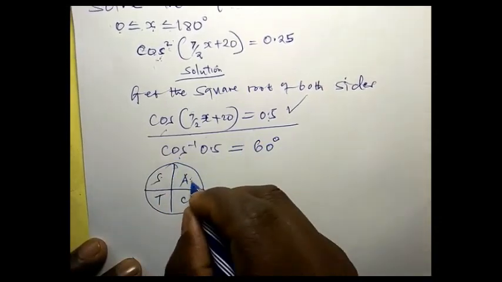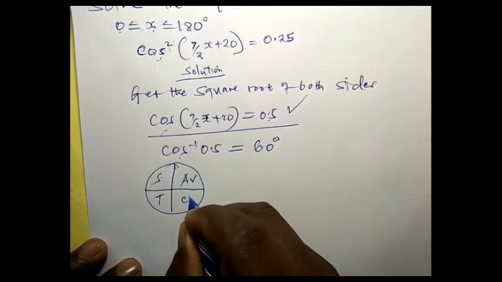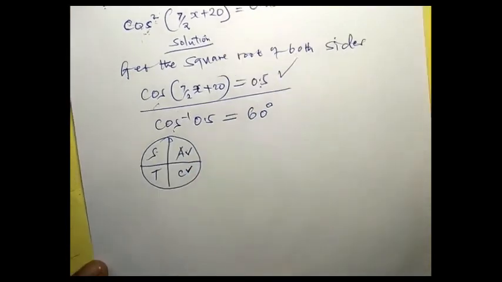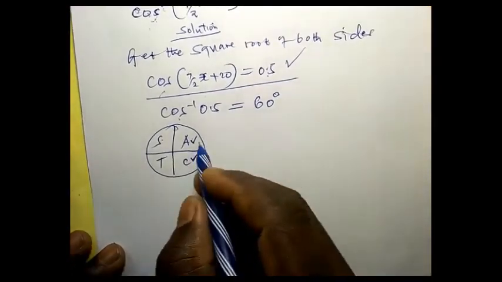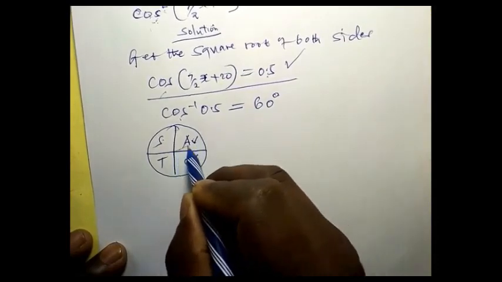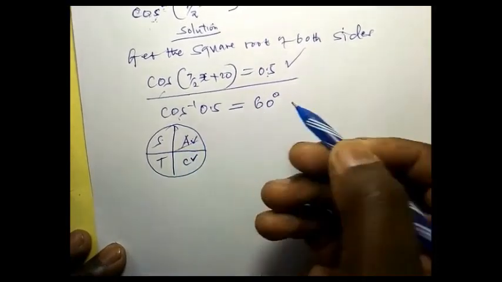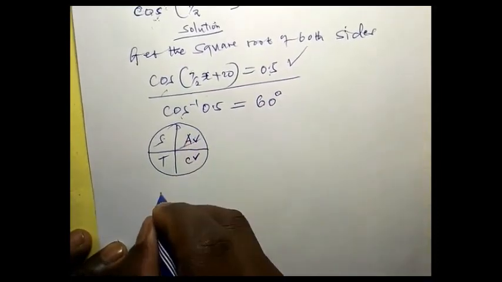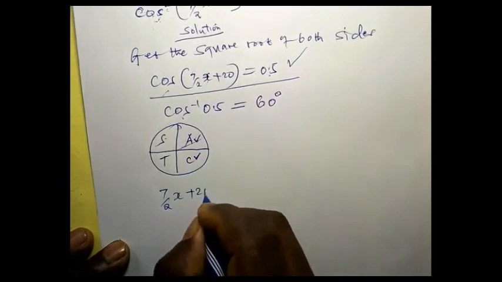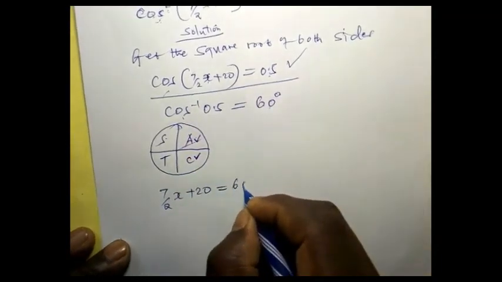The cosine is positive in these two regions, right? We start here, because this one is an acute angle, which is 60. It means that 7/2 x plus 20 will be equal to 60. That's our first value.